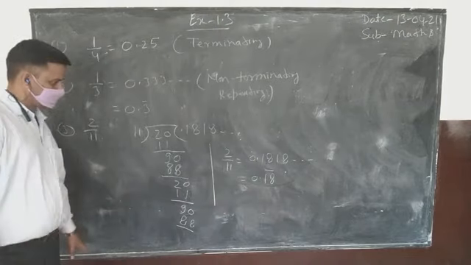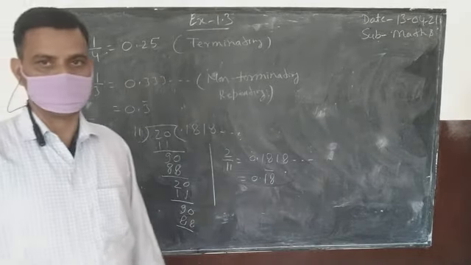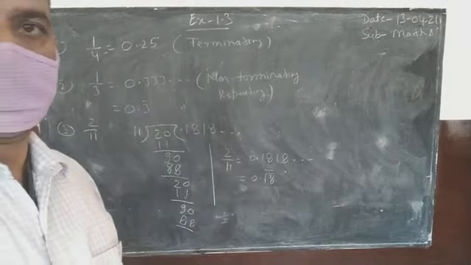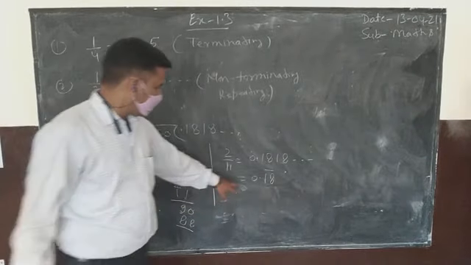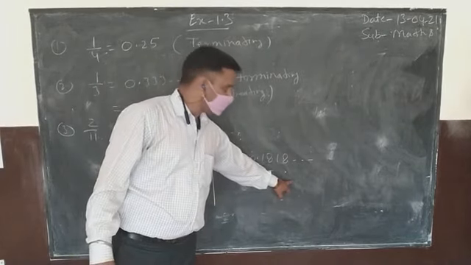After that, this type of number is called a non-terminating repeating number.